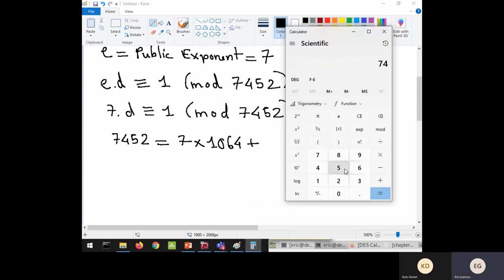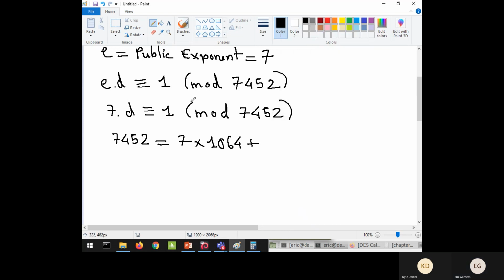I can do 7,452 modulus 7, and it's 4. Okay? Now I need to express 7 in function of 4. So 7 is 4 times 1 plus 3. Now I need to express 4 in function of 3. So 4 is 3 times 1 plus 1.